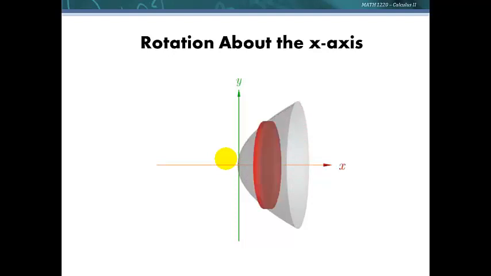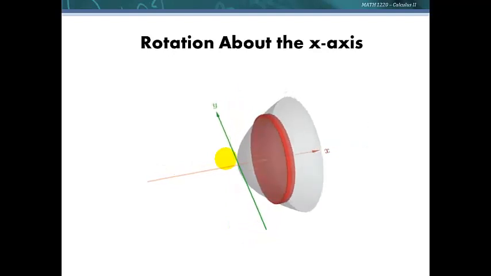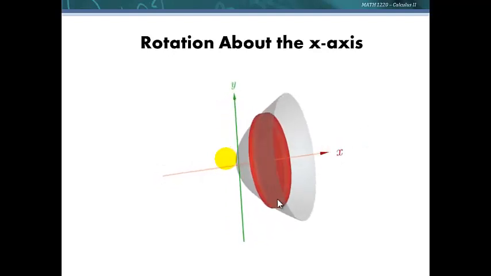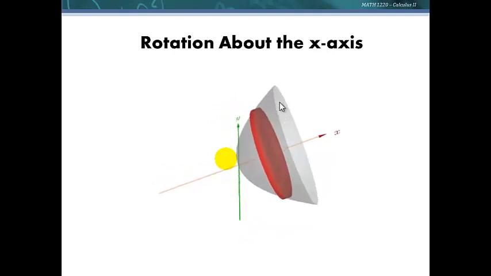Now if we had this filled in, we have this volume, and a cross section is going to be a circle, and then we take a little thickness, so we have a disc, and the radius is going to change depending on where we are, but we could sum up all of these discs to get the volume of this solid that would be generated as we rotate this around the x-axis.